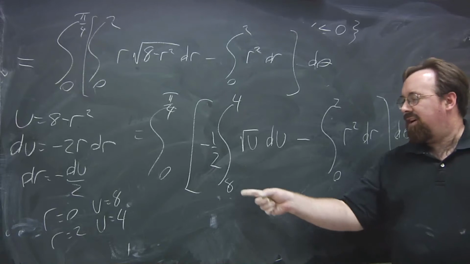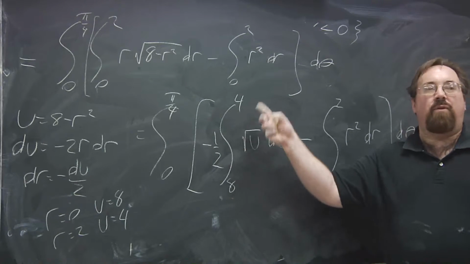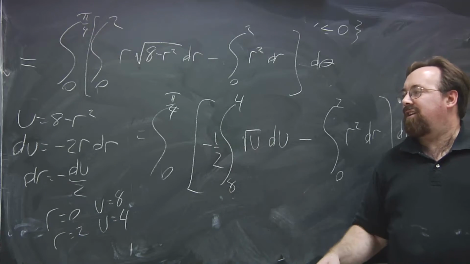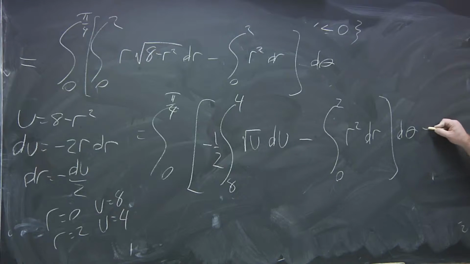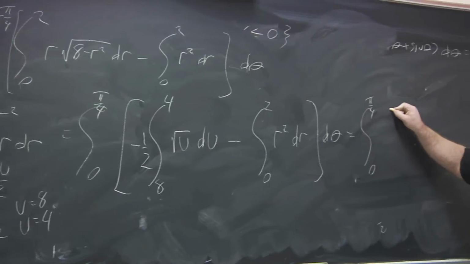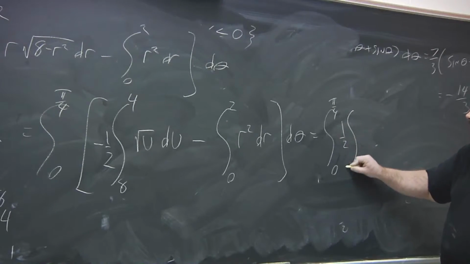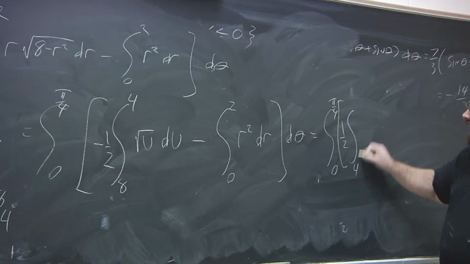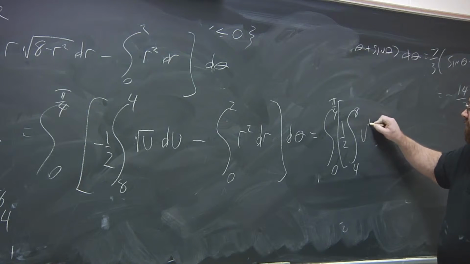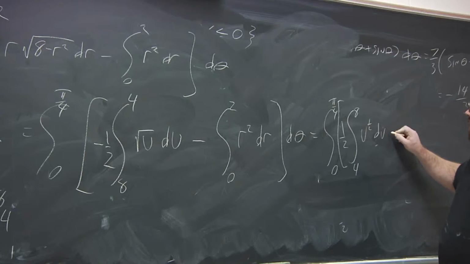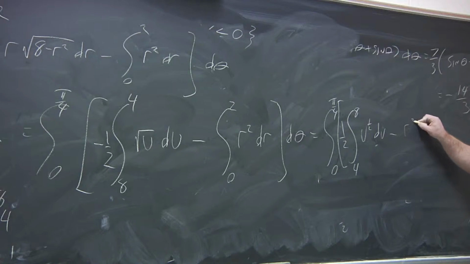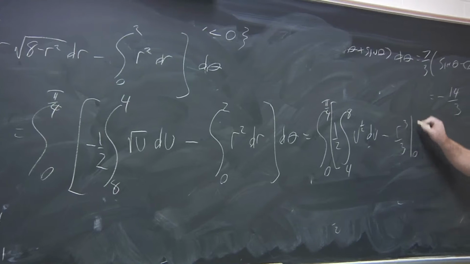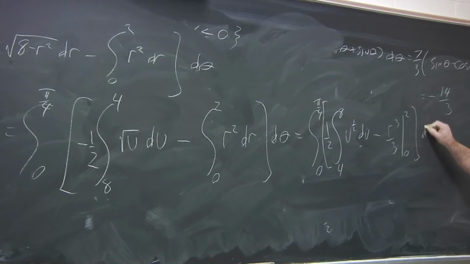Here we're integrating from 8 to 4, and we have a minus sign, so we might as well flip the limits and change the sign. So now we have plus 1/2 from 4 to 8 of u to the 1/2 du, and then here we have minus r cubed over 3, evaluated at 0 and 2.